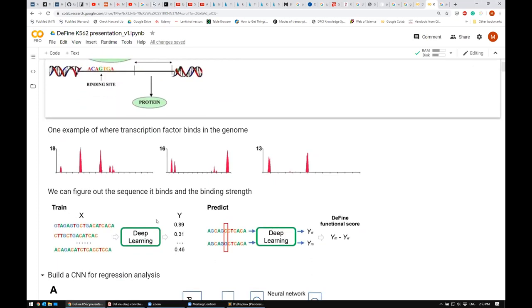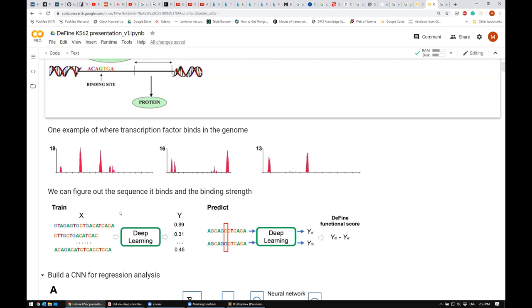Very briefly, the data looks like this before feeding into the model. I have a stretch of ATGCs. The sequence itself is the feature, and each sequence has a peak height. My aim is to build a model that can map sequence to peak height.